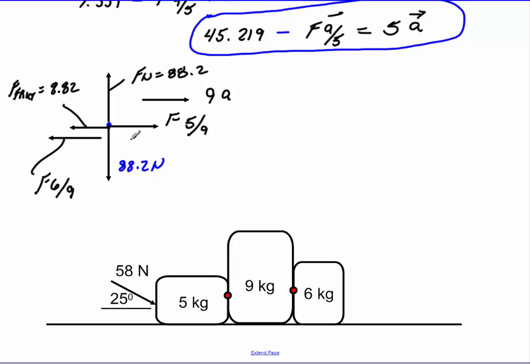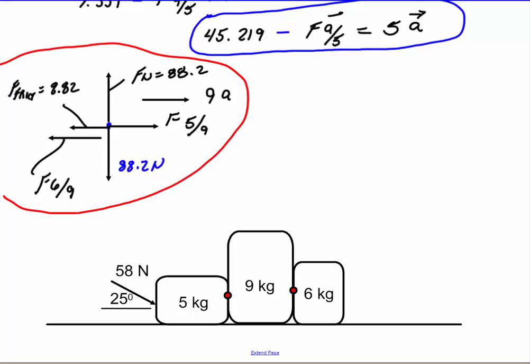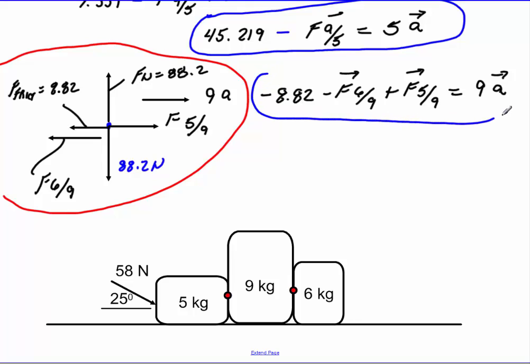Okay, does everybody agree with that? That's your free body diagram. Next one, we're going to write the equation. Now the equation. Did everybody go with that one?